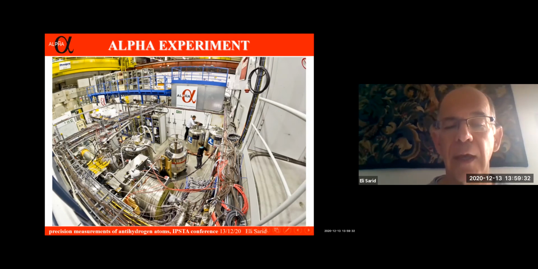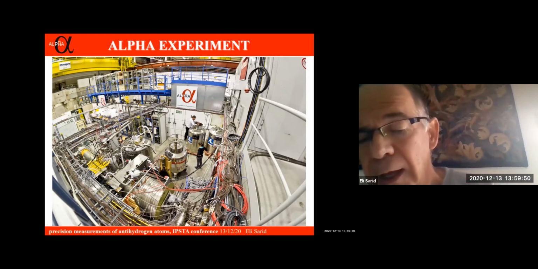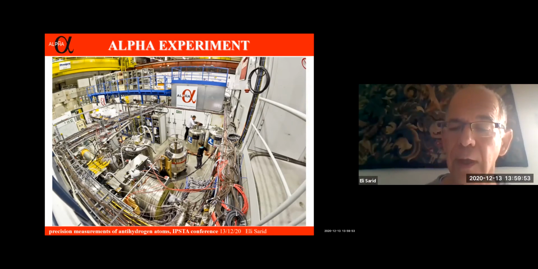Here we see on the left the positron part, where you see the yellow parts. In the bottom middle of the picture, we see the magnet, where deep there we mix the antiprotons and the positrons, and the antiprotons from CERN come from the right.